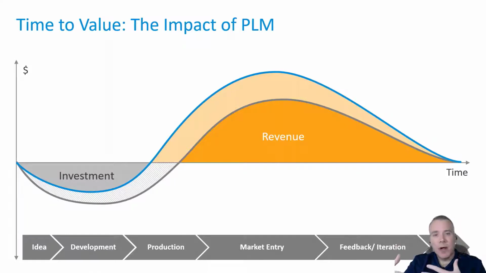And then once we have the product in the market, we can better react to change through PLM so that we're spending less time on non-value add activities, improving quality, making sure we're meeting customer requirements. And so PLM can really help with all parts of the overall product lifecycle.